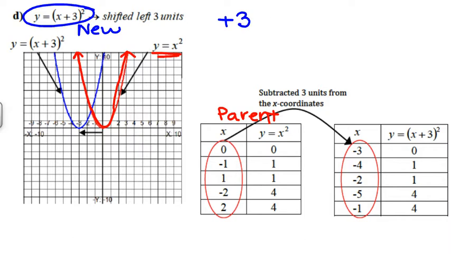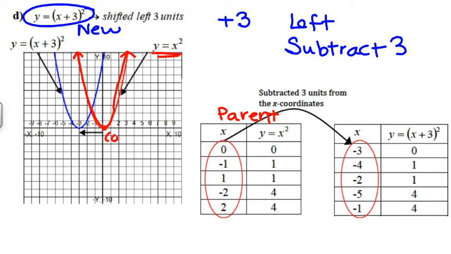So when you add 3 inside the function, you're going to be shifting it to the left. So you're going to be subtracting 3. So notice our origin of our parent is at 0, 0. And now we're shifting it to the left 3 units. So now that critical point is at negative 3, 0.